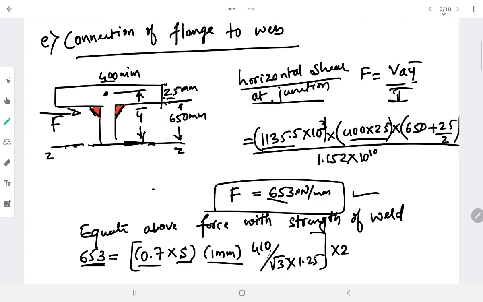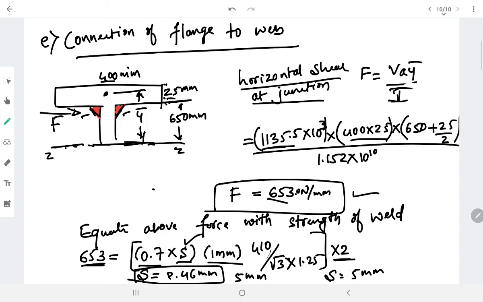This is the formula which will calculate the size of the weld, and it is multiplied by 2 because 2 welds are done here. So S, if you calculate this, you will get 2.46. This is less than the minimum weld that should be provided, 5 mm. So S equals 5 mm. You write minimum size of weld. So this is how connections can be developed.